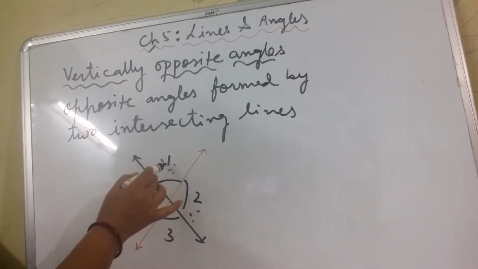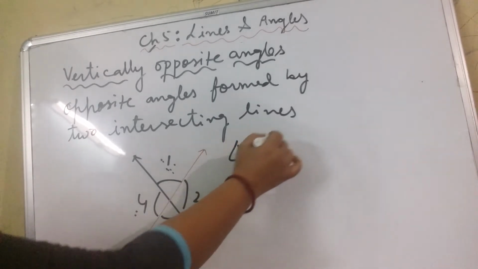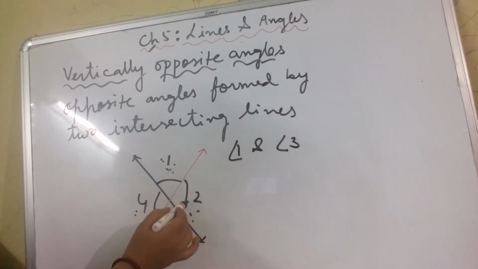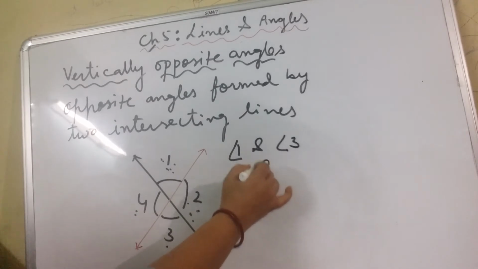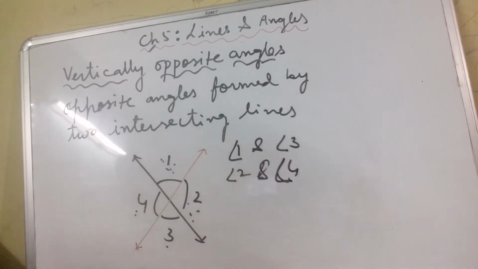But angle 1 and angle 3, or angle 2 and angle 4, are vertically opposite angles. Now why do we call them vertically opposite?